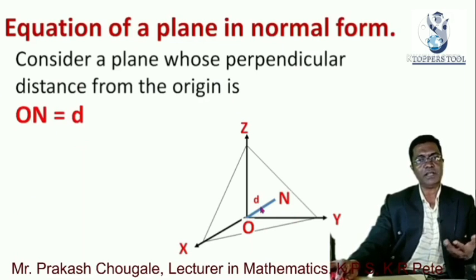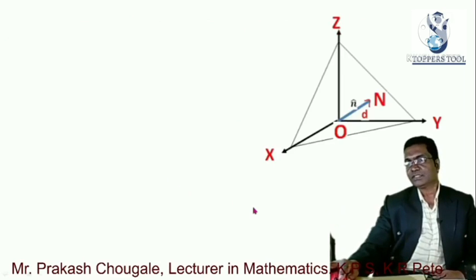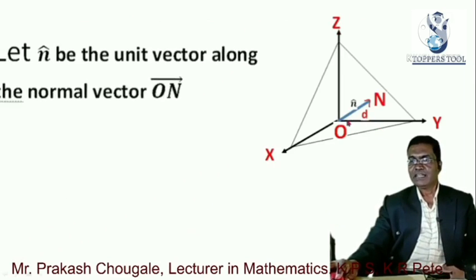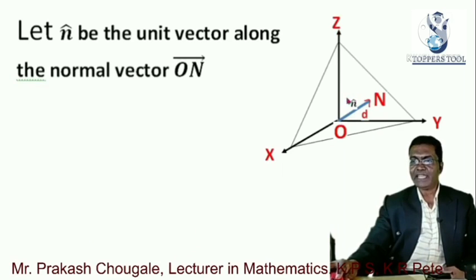This is the normal, or you can say it is a perpendicular drawn from the origin onto the plane, whose length is d. Next, let us take n cap. n cap is the unit vector along this normal. So let n cap be the unit vector along the normal ON.